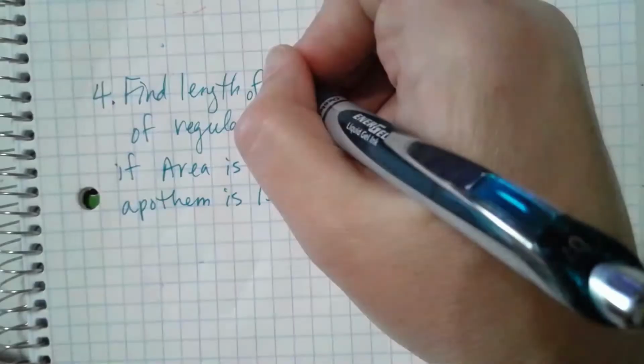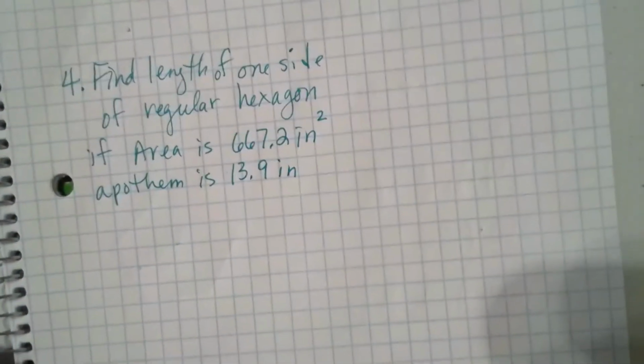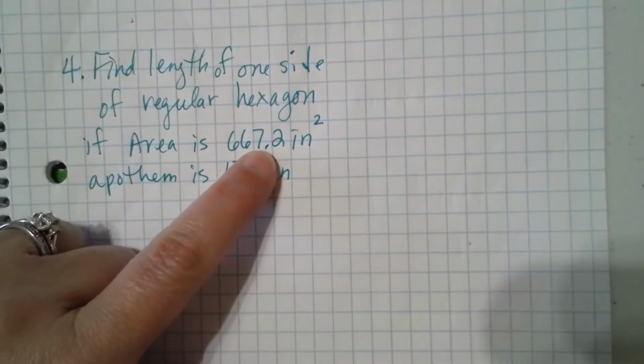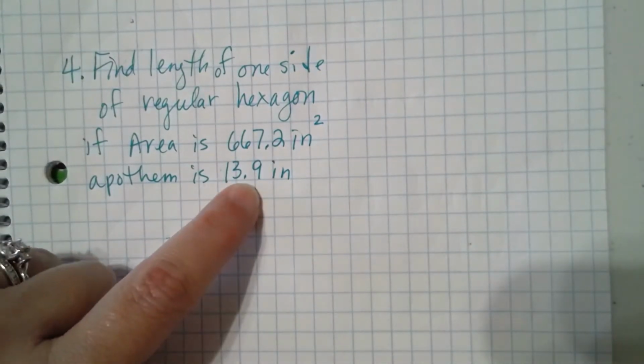Find the length of one side of a regular hexagon if the area is 667.2 and the apothem is 13.9.